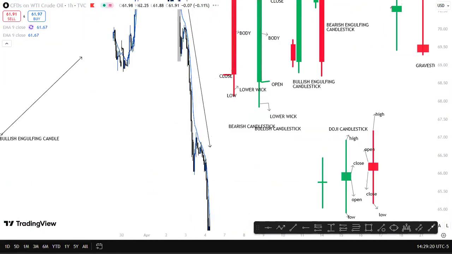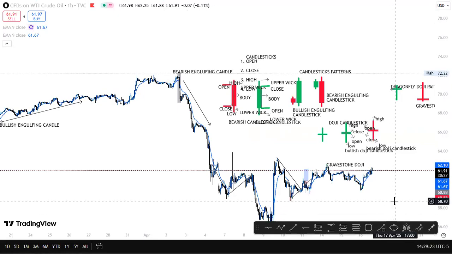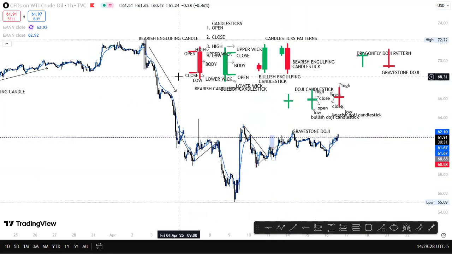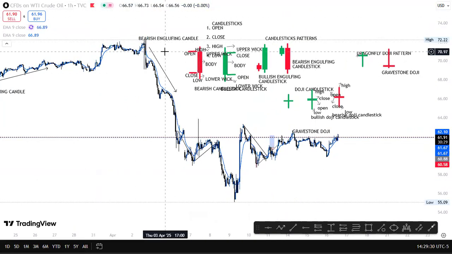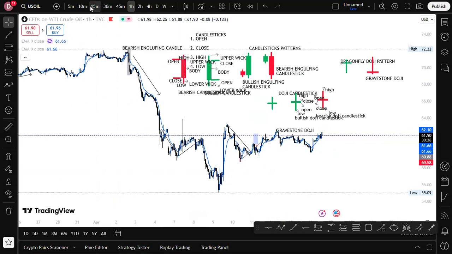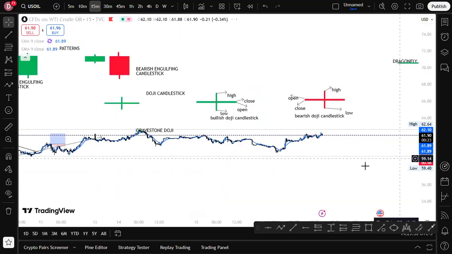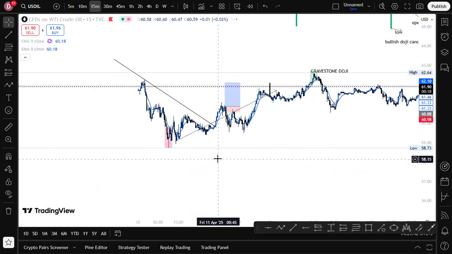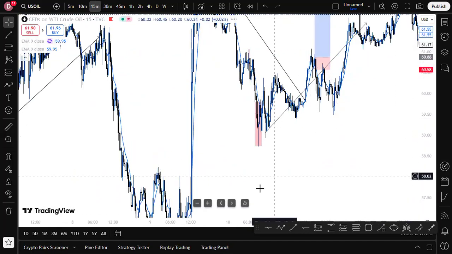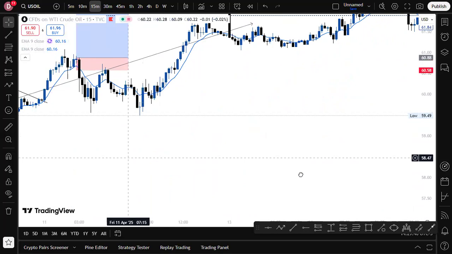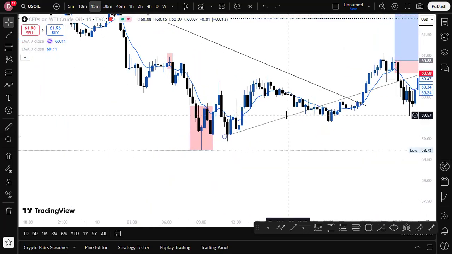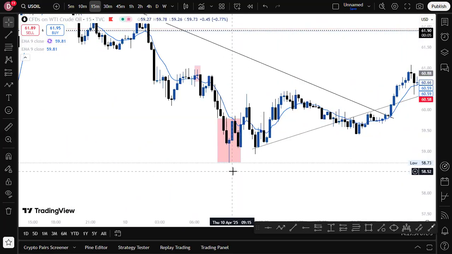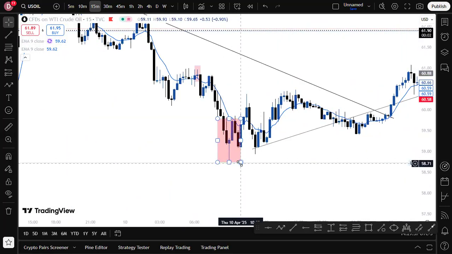Okay, let's use the 15 minutes. So this is an example of a dragonfly doji.